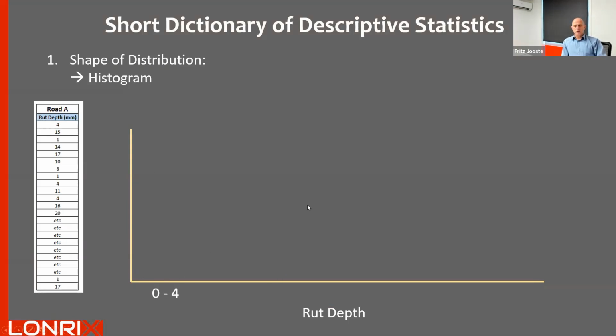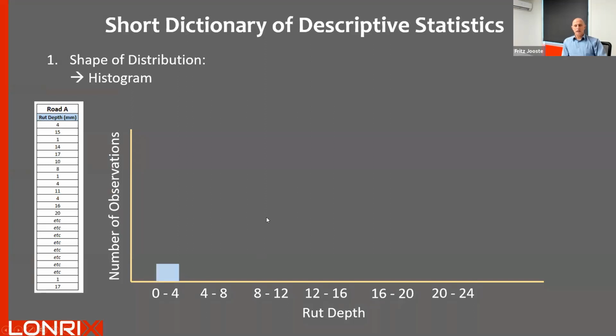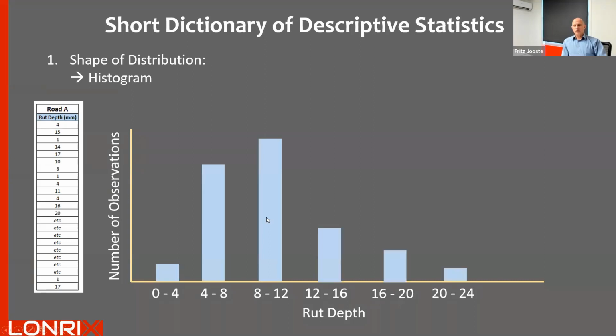So here I've got 0 to 4 millimeters, 4 to 8, 8 to 12, and so forth. And then we simply count the number of observations falling in each bin. So between 0 and 4, I've got a certain number of observations, 4 to 8, 8 to 12, 12 to 16, and so on.